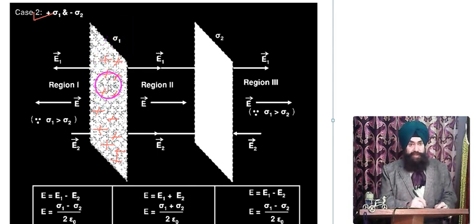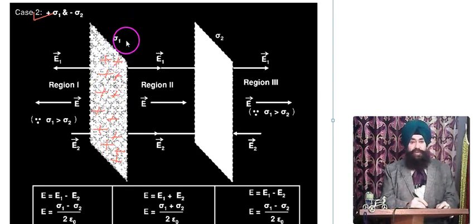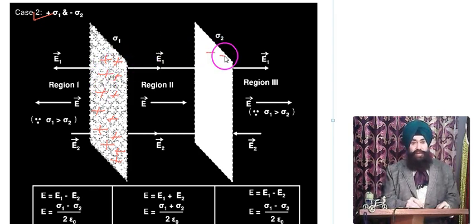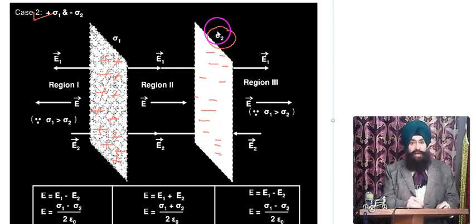Sigma 1 is the surface charge distribution over the sheet, charge per unit area, and it is positive. Now here the charge is negative, and the negative charge distribution is assigned by sigma 2, again the charge per unit area over the sheet, and again we are assuming sigma 1 is greater than sigma 2.